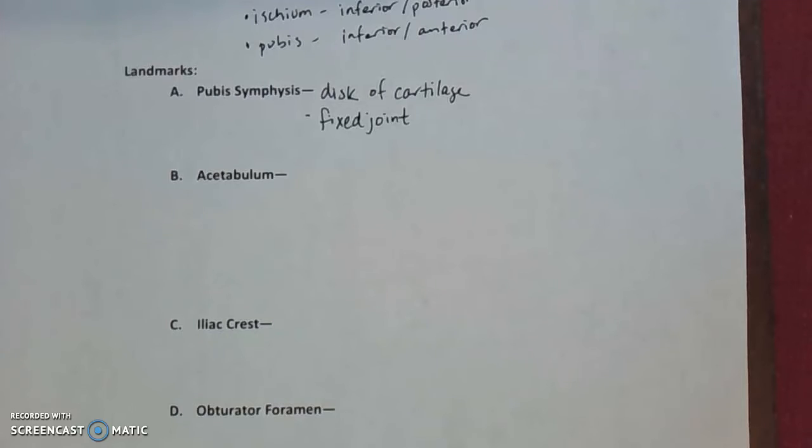Now, on occasion, if you have a broken pelvis, we can end up with something called a book fracture, where that does separate and opens like a book. This is pretty much down towards your genital region, and you might be able to feel the pubic bone a little bit if you press down there.